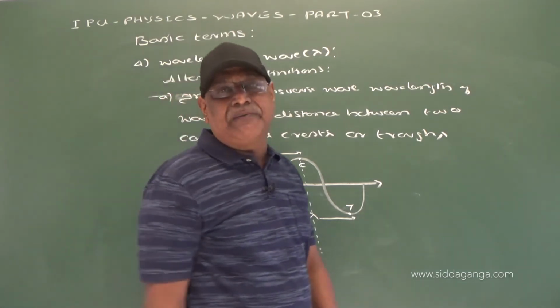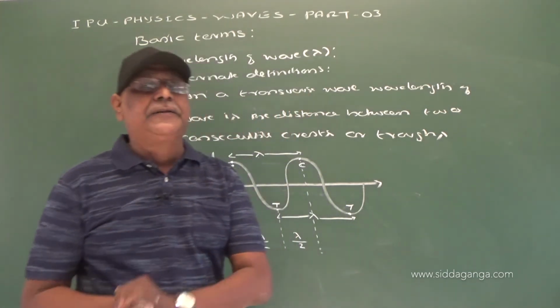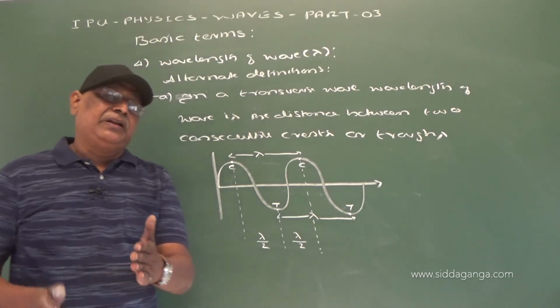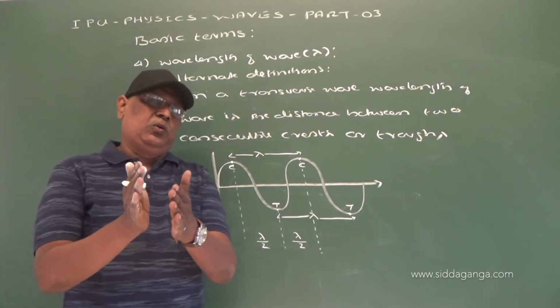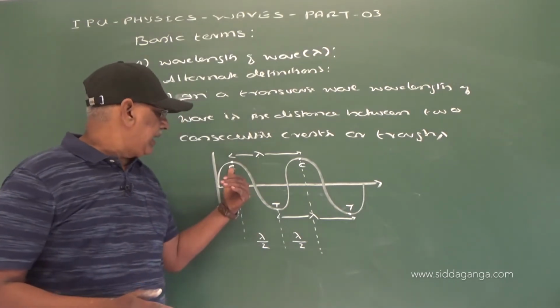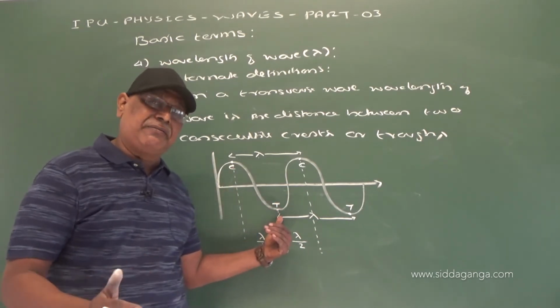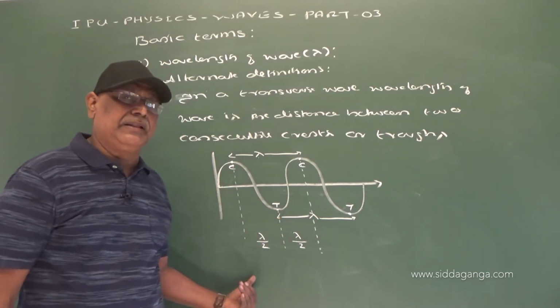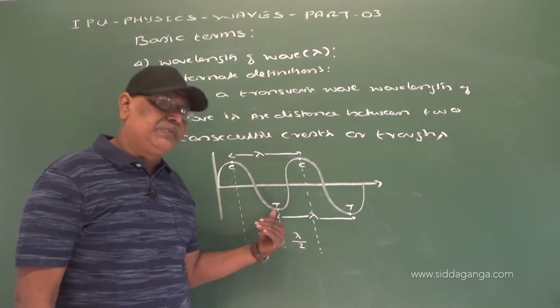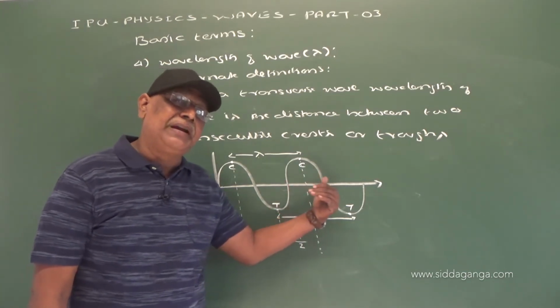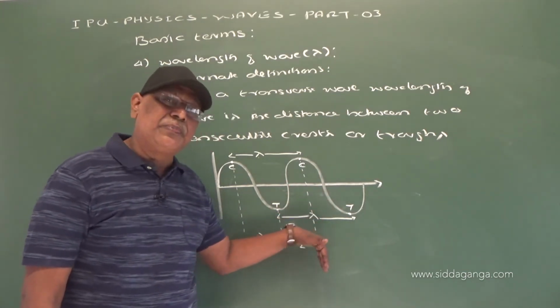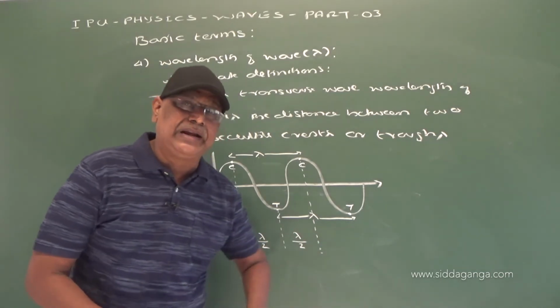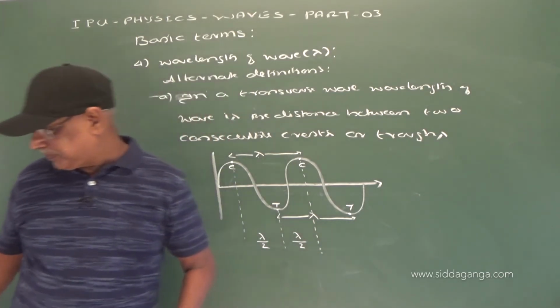You remember that the distance between a crest and an immediate trough is half of the wavelength. Similarly, the distance between a trough and an immediate crest is equal to lambda by 2. Is that clear?